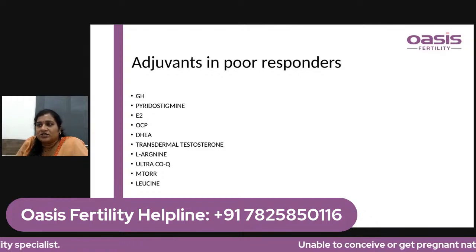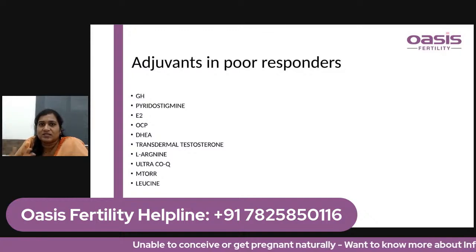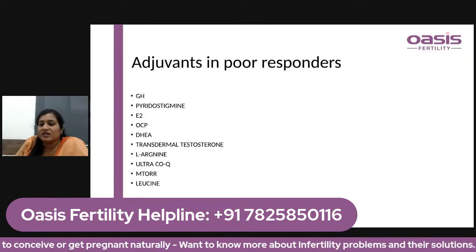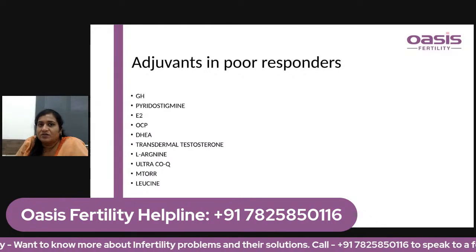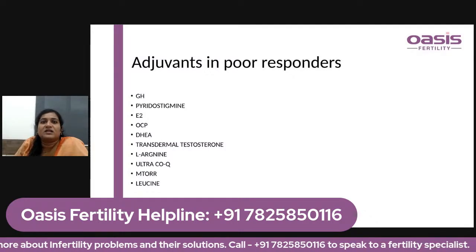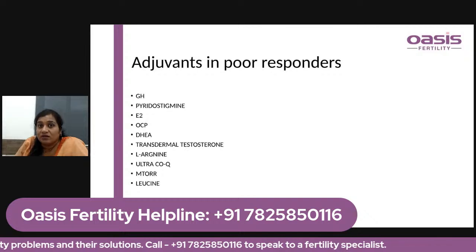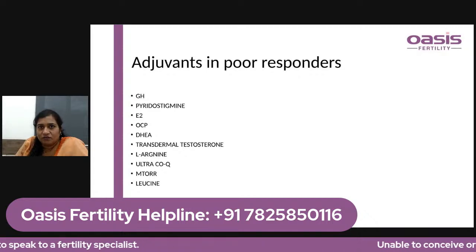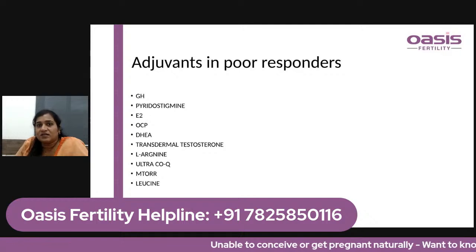So, giving this DHEA and transdermal testosterone, I think if a woman has PCOS, if a woman has poor ovarian reserve, we can give it for 1 to 3 months, especially androgens, to increase the quality of the oocytes we can get. Second thing is L-arginine. This is again given in the form of a sachet. It is a little bit expensive, but it does increase the egg quality.